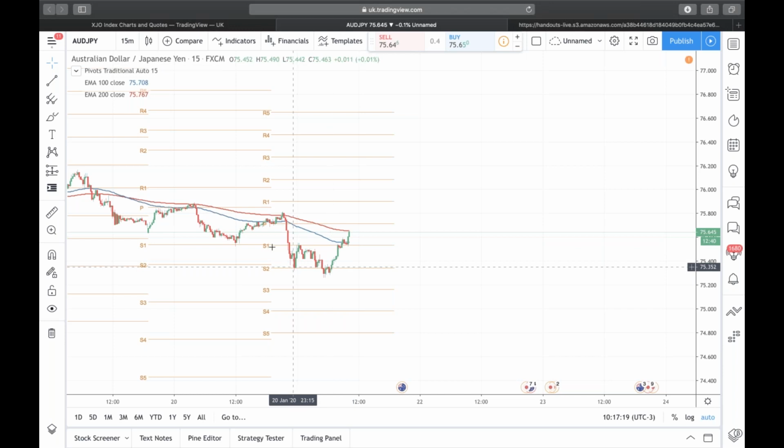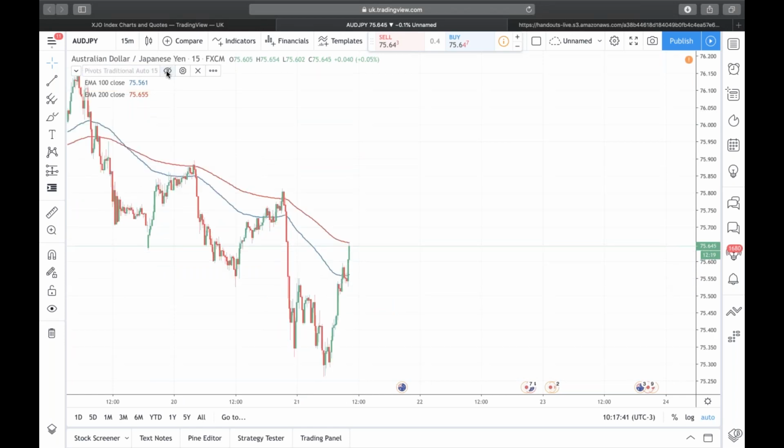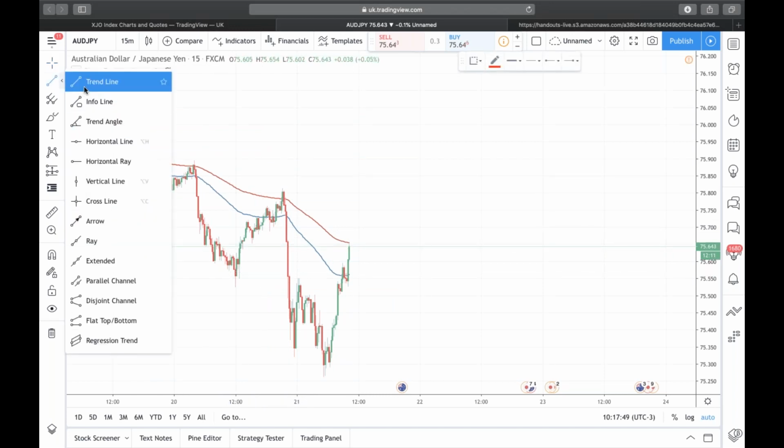Looking at this support point here would have been an excellent place to look for shorts, at the 75.53. Then another potential area to look for shorts is this 200 exponential moving average and this 75.71 level, and this recent support level here.